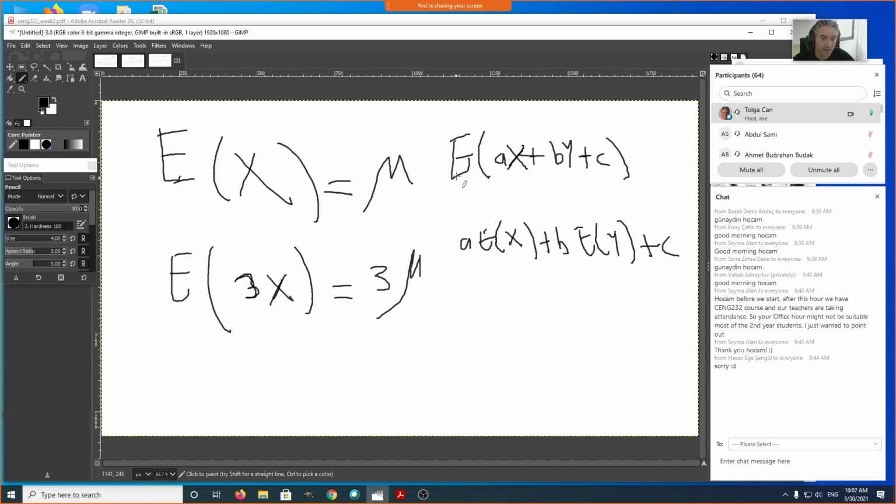All right, so we can just put the expected value inside, compute the expected value of X individually, Y individually, and then compute this final linear combination, and that will be the expected value of this thing.